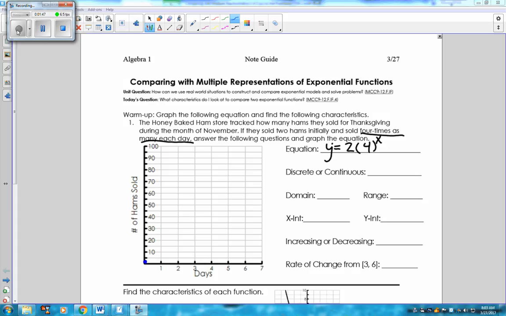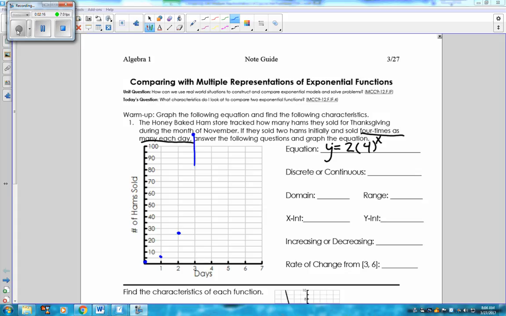After 1 day, how many hams did I sell? 8. So it's just a little bit below 10. After 2 days, how many did I sell? 32. Three days. Alright, so way up here somewhere, right?